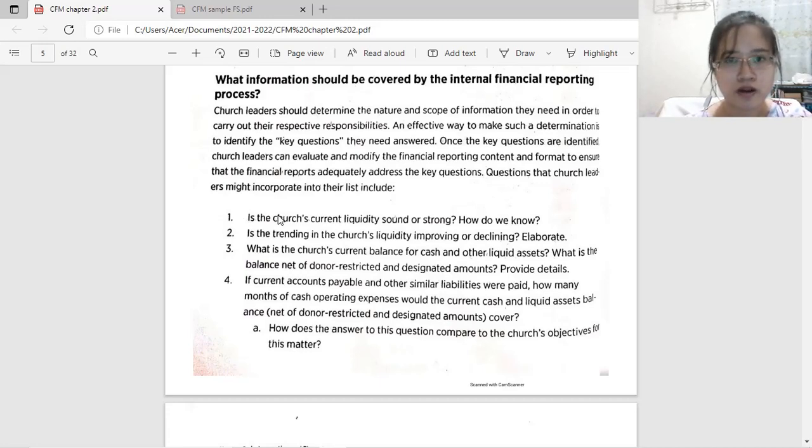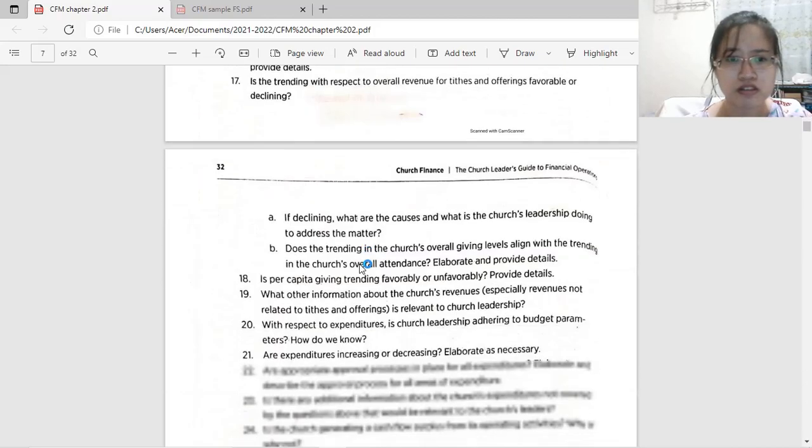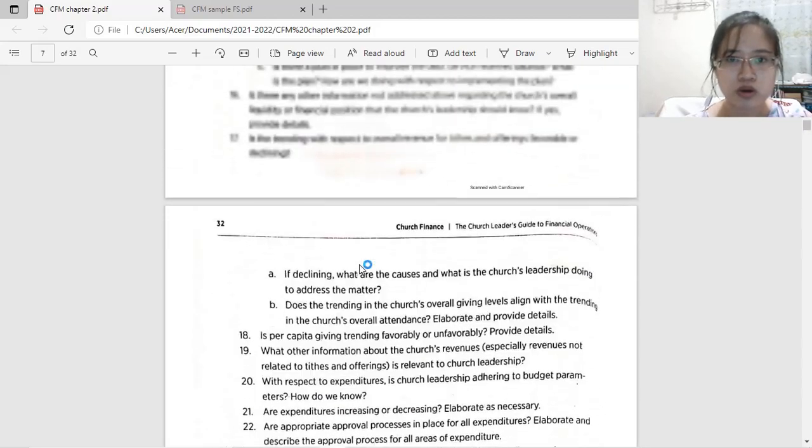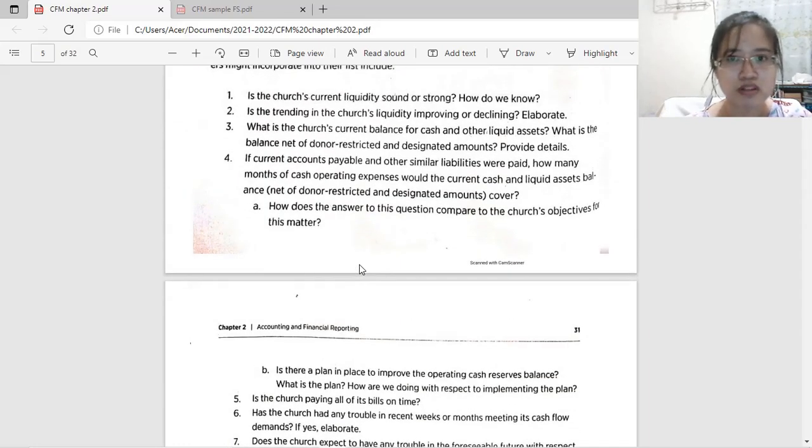Okay, so there are key questions here provided, about 27 of them, but I'm only going to provide examples on a few of them to give you an idea on certain situations that would require the management to make decisions financially.